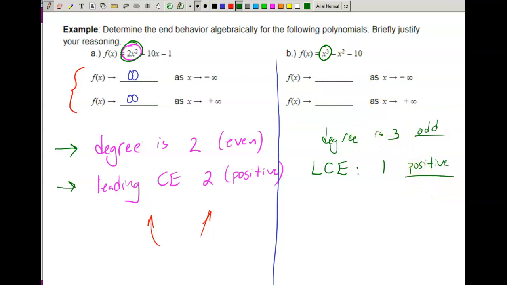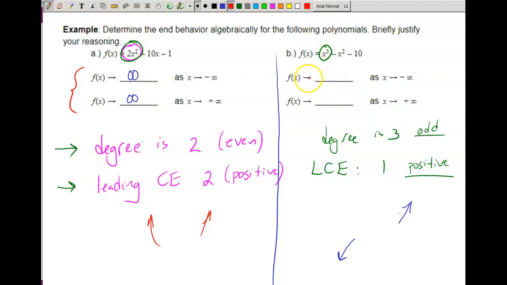So what does that mean it's going to look like? Well, you can look back in your chart. You can also just, again, informally, we can say it's going to go up and to the right and down and to the left. You can just remember that. It's kind of like an x cubed graph, right? The end behavior is going to be like that. So once we understand that, let's put it into the formal notation.